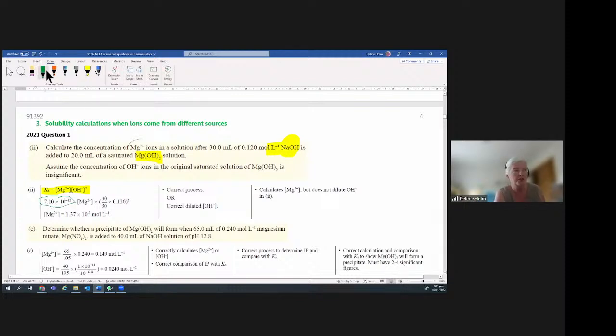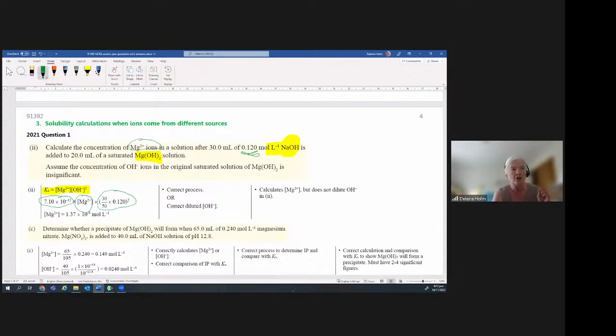You are asked to calculate the concentration of magnesium, so that's the unknown. And then you know the concentration of the hydroxide. Now, notice it looks quite a complicated thing. Why didn't I just use 0.120 to substitute into the concentration and square it?